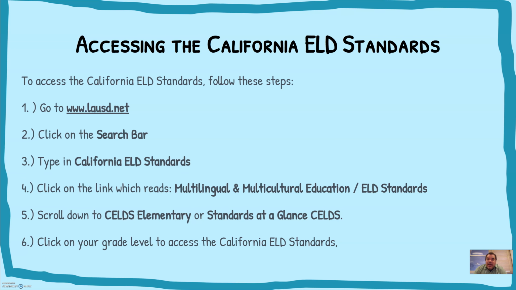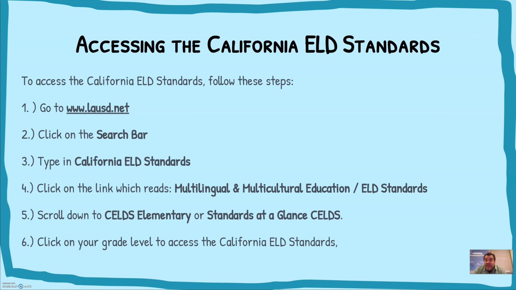Let's learn how to access the California ELD standards in case you don't have a physical copy. I'll go over the instructions orally and then we will see it done in action. To access the California ELD standards, follow these steps. First, go to lausd.net. Step 2, click on the search bar.